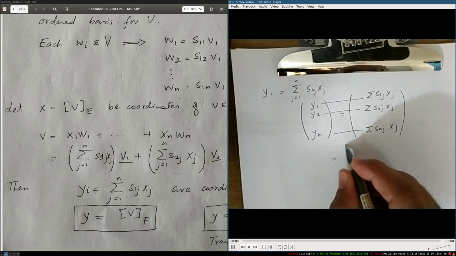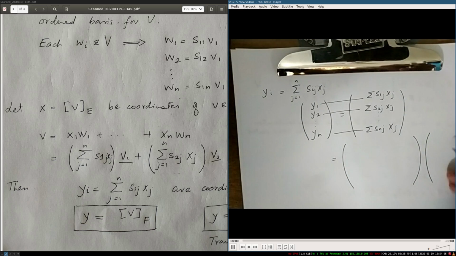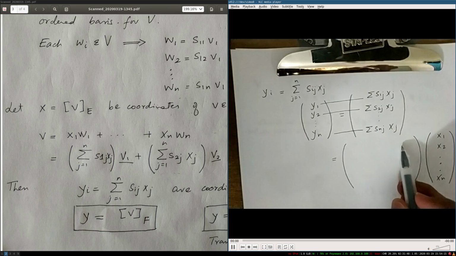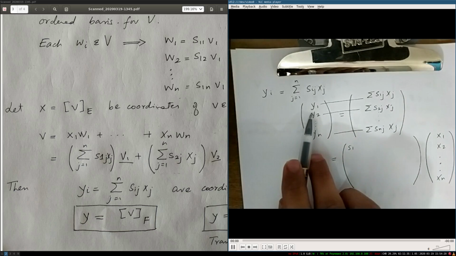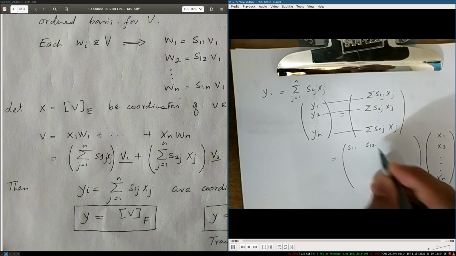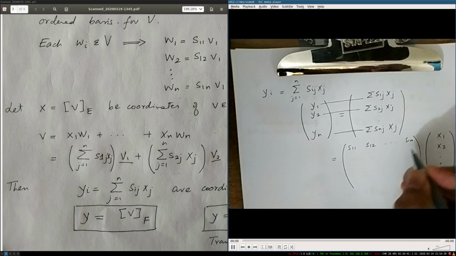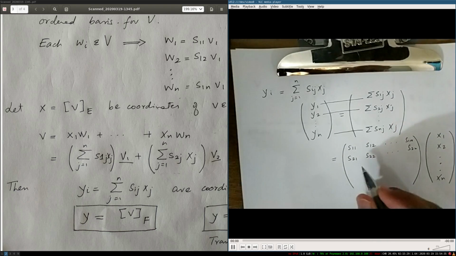And now if I write this down in terms of matrices, if I separate all of these terms, x1, x2 up until xn, the first row that I will have is s11, s12 up until s1n, then s21, s22 up until s2n, and sn1, sn2 up until snn.